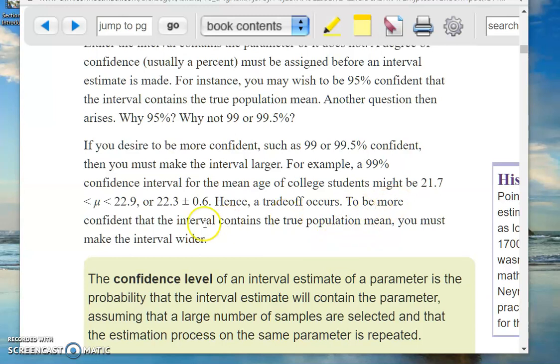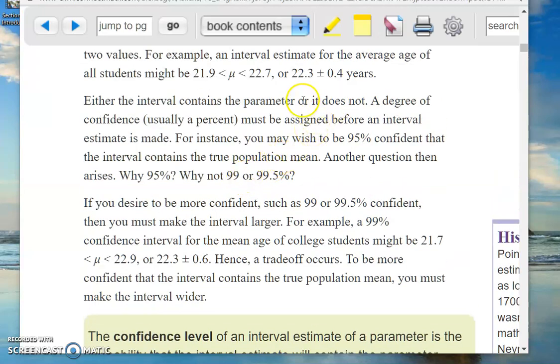I mean, if you said, well, the confidence interval for the mean age of college students, let's see, what's he saying? 99%, okay, is going to be 22.3 plus or minus 0.6, whereas before it was 22.3 plus or minus 0.4. So you see what's going on here is the 22.3, that's measured, that's the 100 kids that you measured.